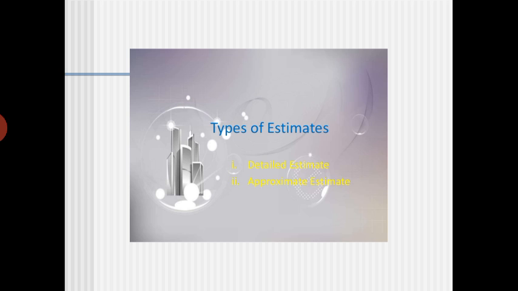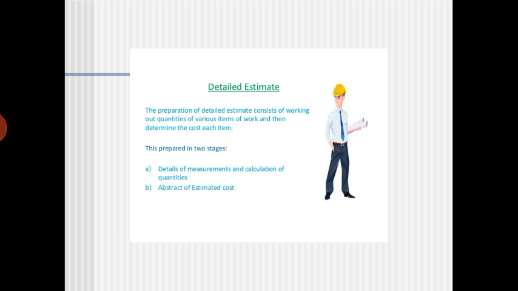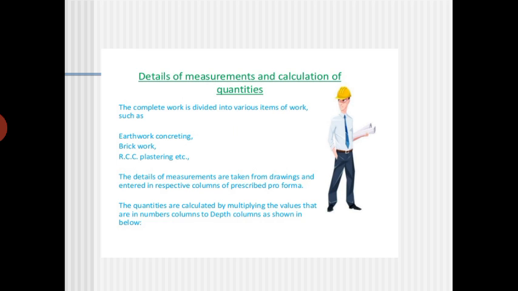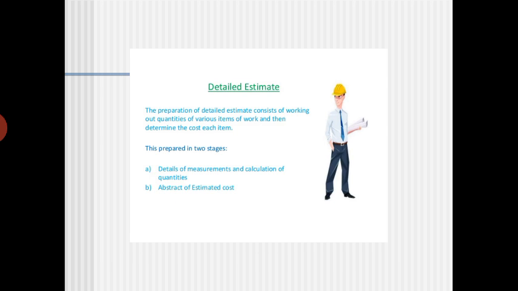Types of estimate. First one is detailed estimate, and the second one is approximate estimate. So detailed estimate, maybe we'll directly go to the detailed estimate. It consists of two stages. First one is details of the measurements and the calculation of the quantities, and the second one is abstract of the estimated cost.